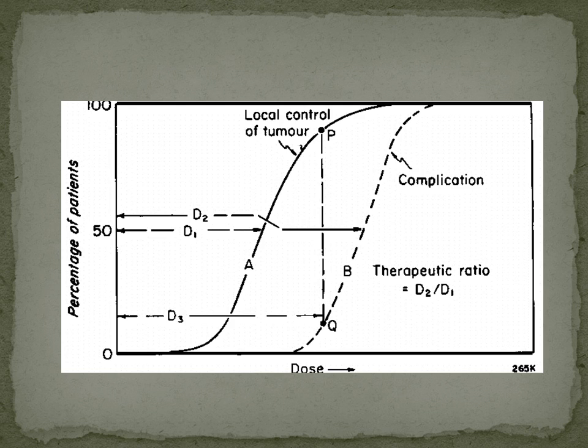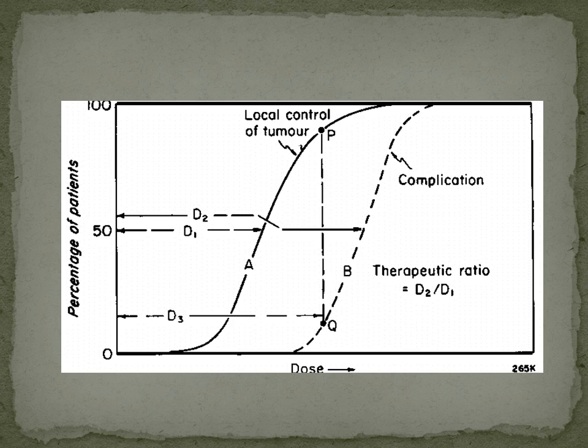As you get more and more, you head up on the sigmoid curve, and eventually you plateau off where you've given sufficient dose that you get no more therapeutic effect. Shifted to this curve, and hopefully shifted to the right, is a following curve which is giving you the complications. And so as you give more dose, hopefully you can get up on the shoulder of this cure curve before this complication curve takes off on you. And if you can, then you've got a therapeutic window that you could actually exploit.